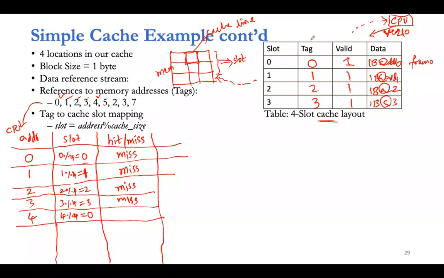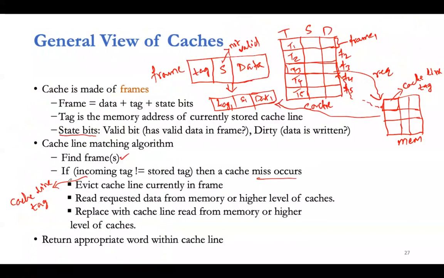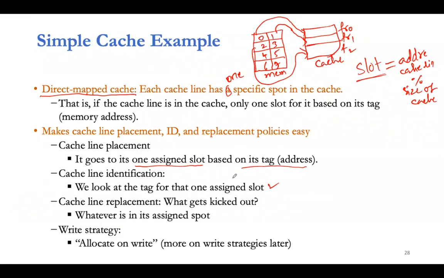In that case, the tag, which we call the stored tag, is compared with the incoming address tag. That is what is mentioned in the algorithm. If the incoming tag is not equal to the stored tag, then there is a cache miss. When a cache miss occurs, the new data must be fetched from the main memory.